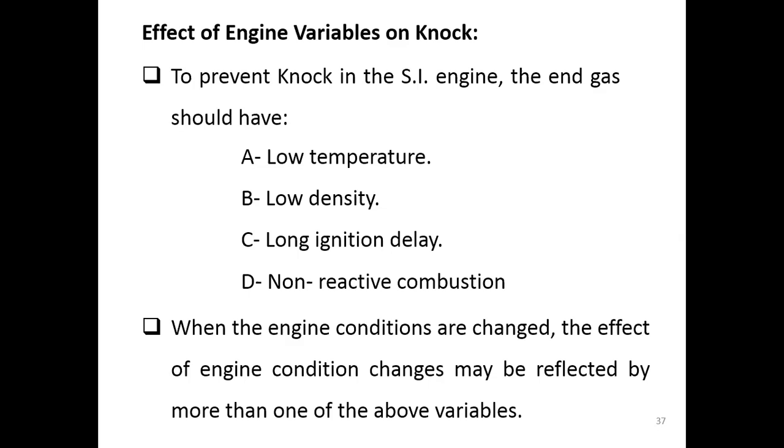To prevent knock in the SI engine, the end gas should have low temperature, low density, long ignition delay, and non-reactive combustion. These are the four conditions the end gas should have.